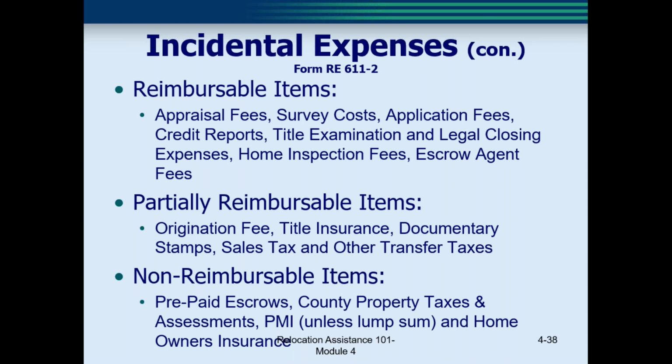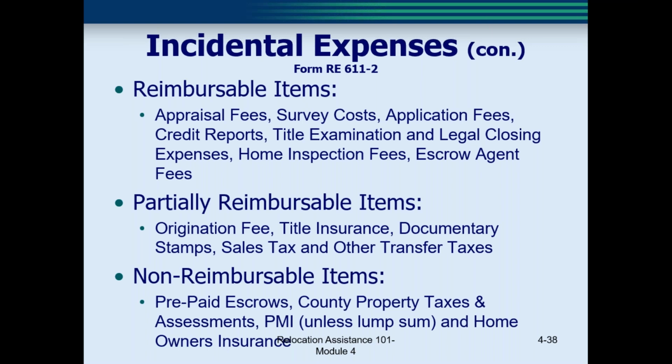Your displacee may purchase a replacement dwelling for $250,000 and obtain an owner's title insurance policy for this amount. But your prime comp was priced at $225,000. The reimbursement for the owner's policy would be limited to the cost of a $225,000 policy. The title insurance is based on the cost of the home.